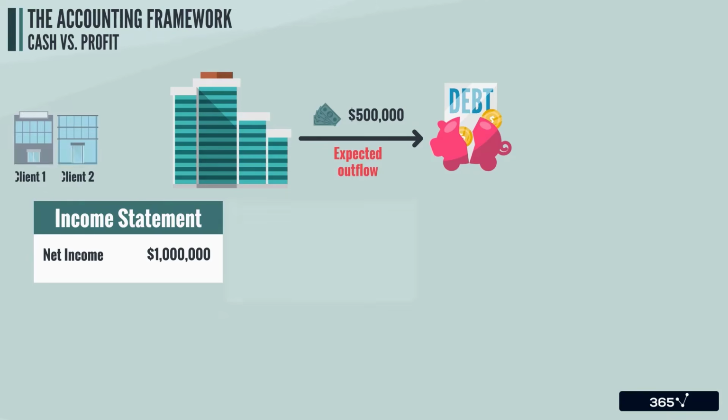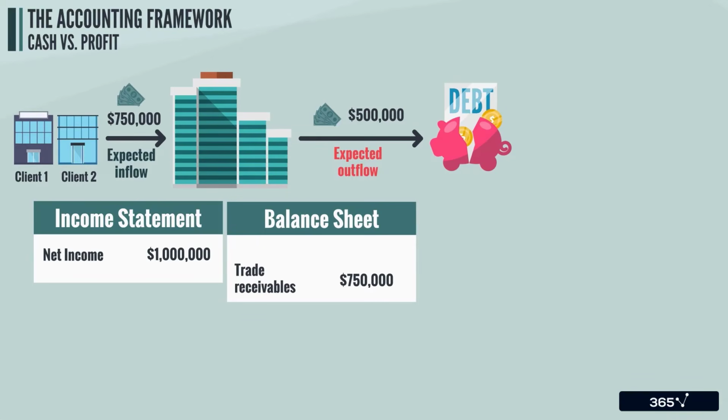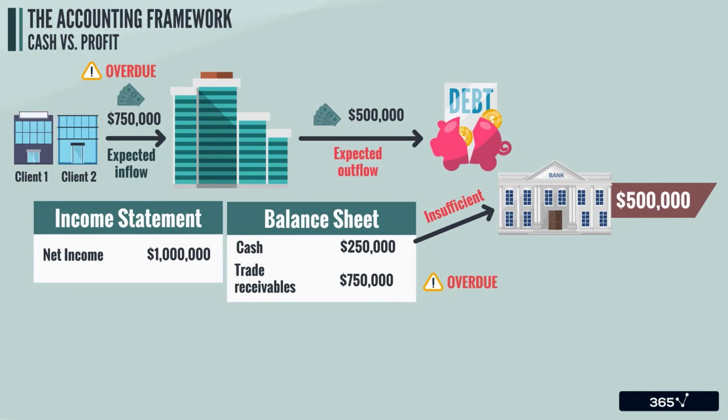Nevertheless, it's yet to collect $750,000 from two of its big clients. Hence, a big portion of total receivables is now overdue. As a result, the firm has only $250,000 left in its bank account, which is still insufficient to cover the debt obligation. At the same time, two clients continue to delay their payments.